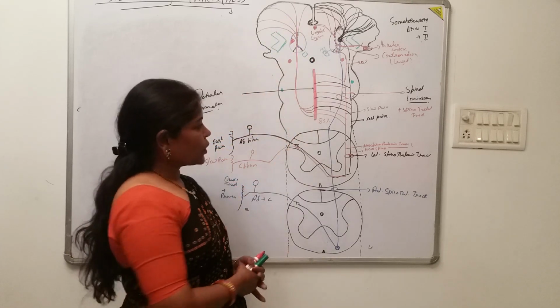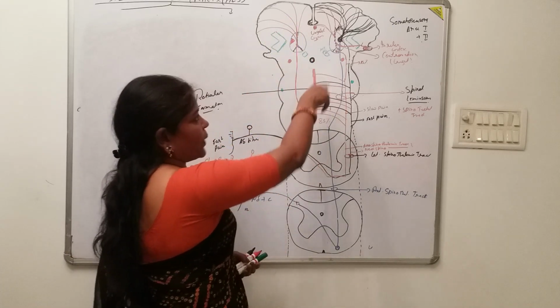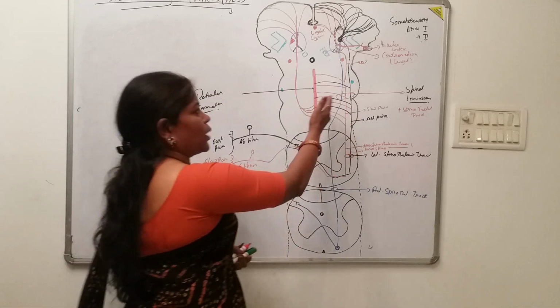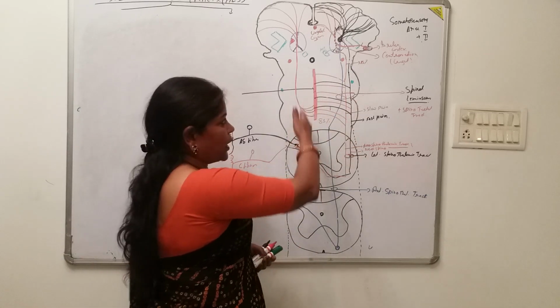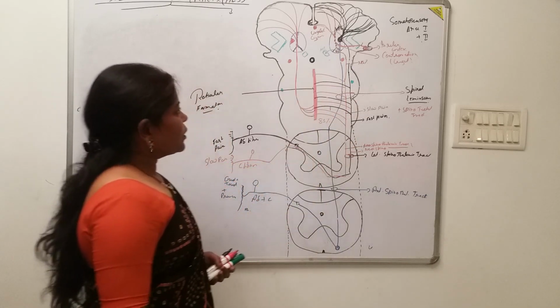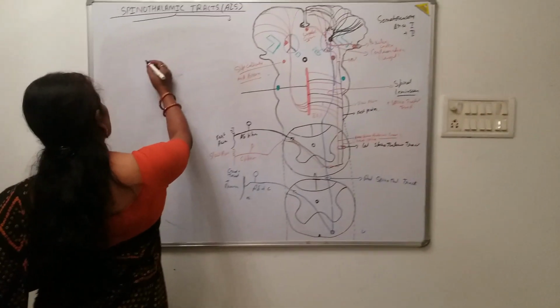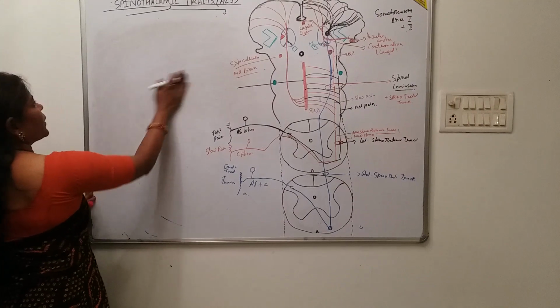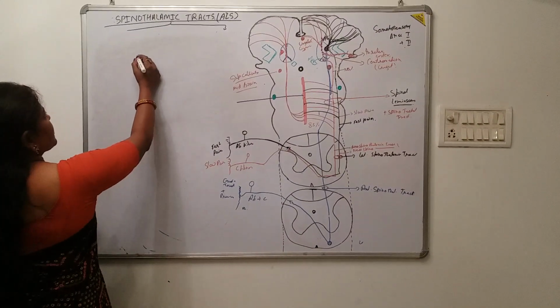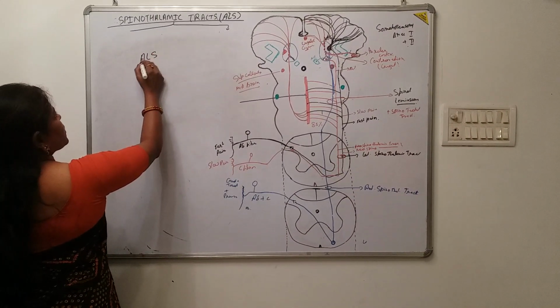So these were the different aspects of the mode of termination of the pain fibers here in the brainstem. So there are these spinothalamic tracts. There are some other tracts which are also components of the anterolateral system. What are those tracts?